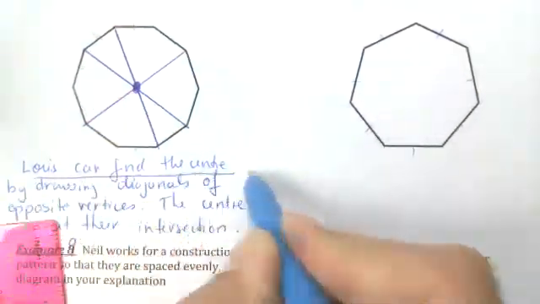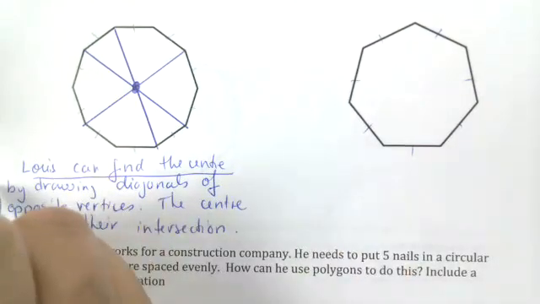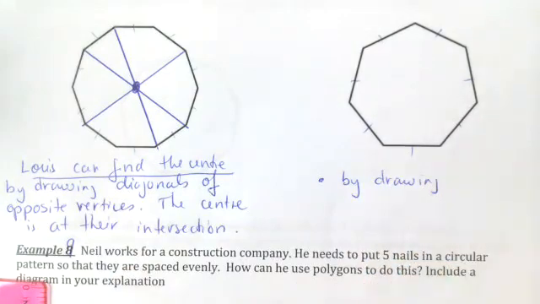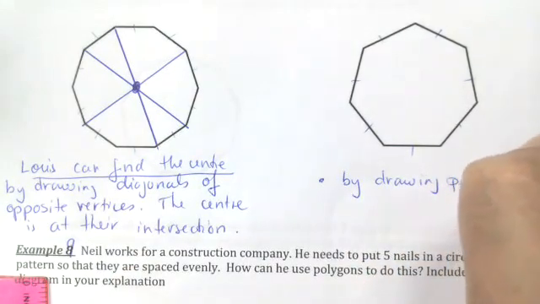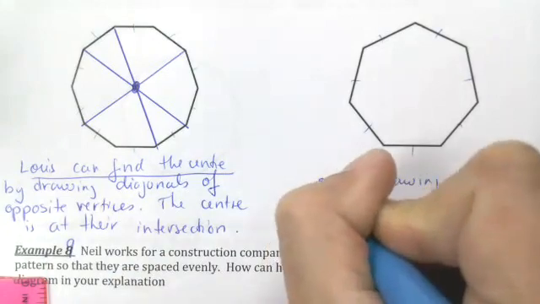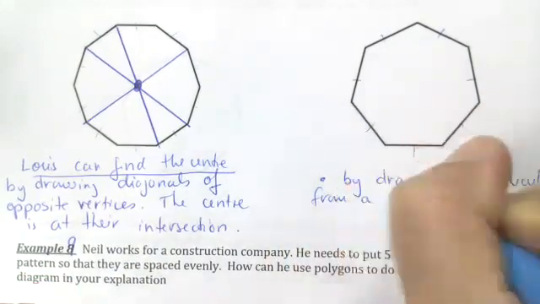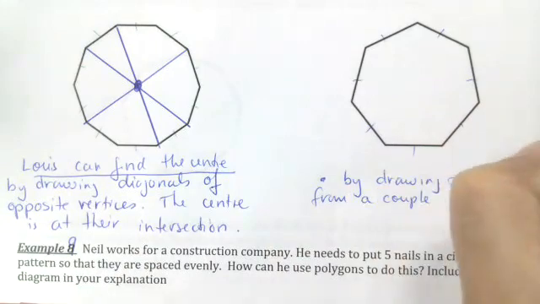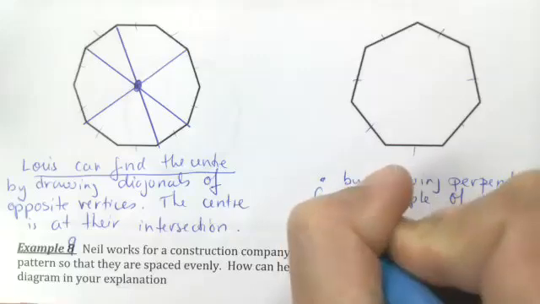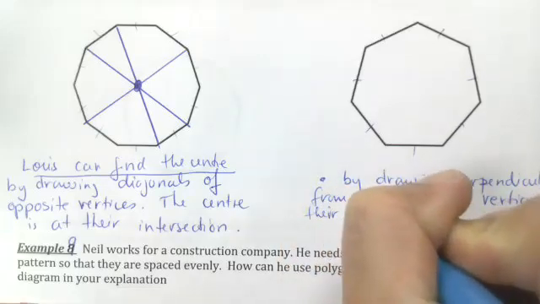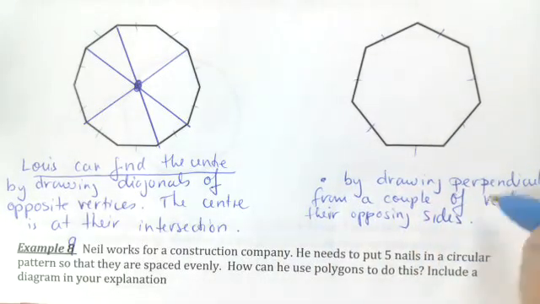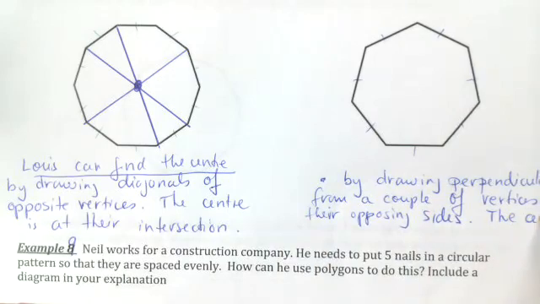So Louis can find the center by drawing diagonals, and here is by drawing perpendiculars from a couple of vertices to their opposing sides. The center is at their intersection.